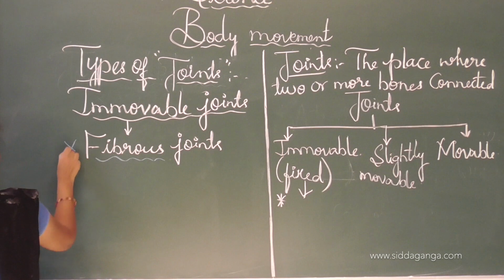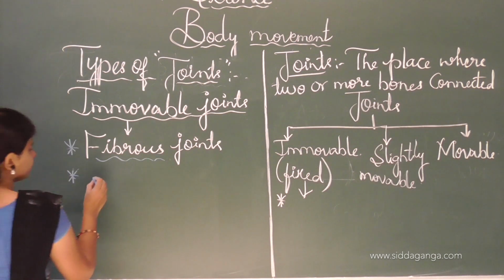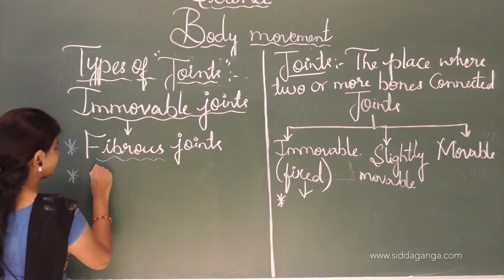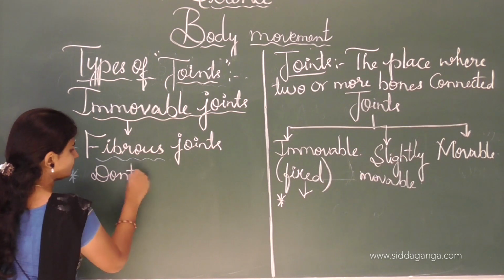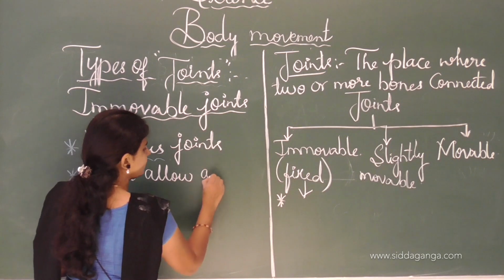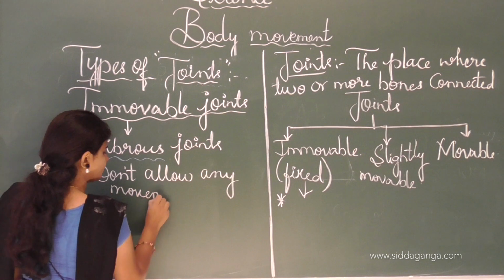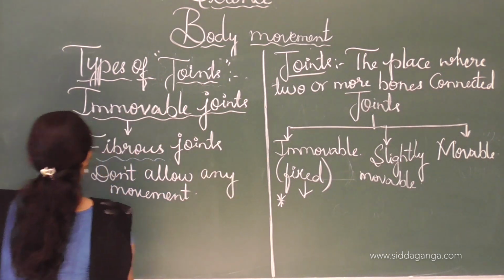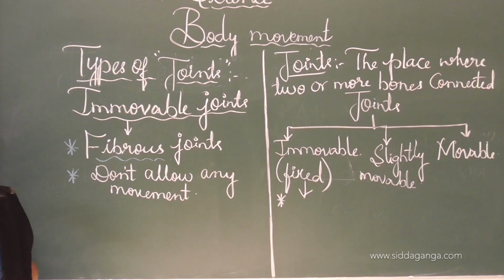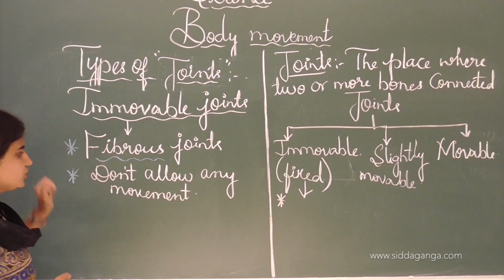These are fibrous joints, and they do not allow any kind of movement. That's why they are called immovable joints or fixed joints.